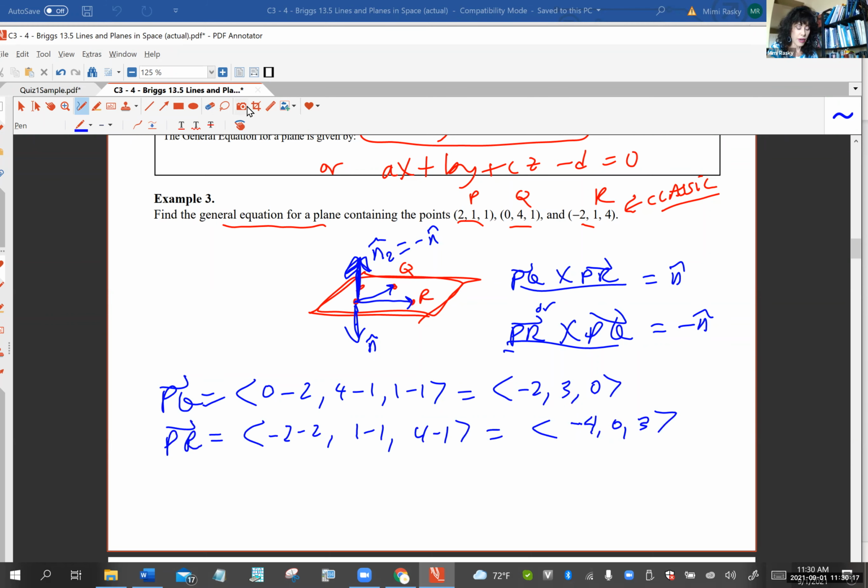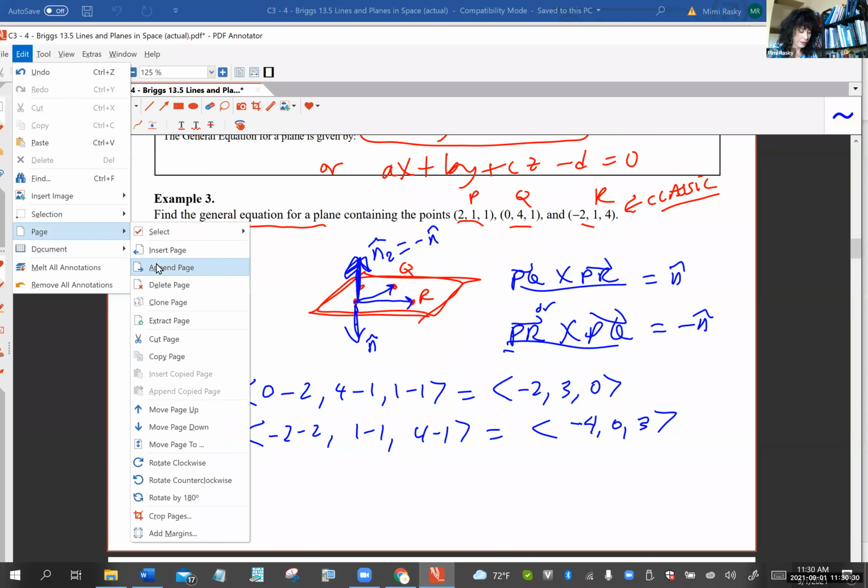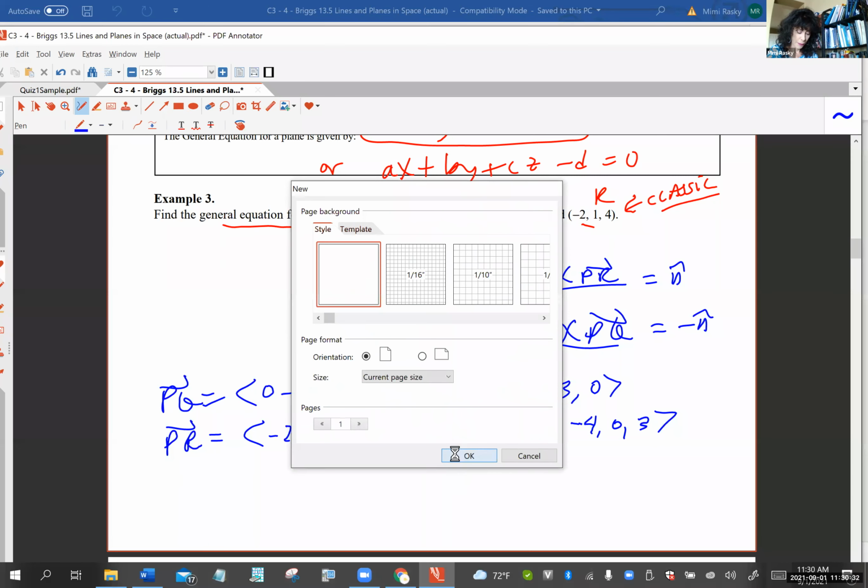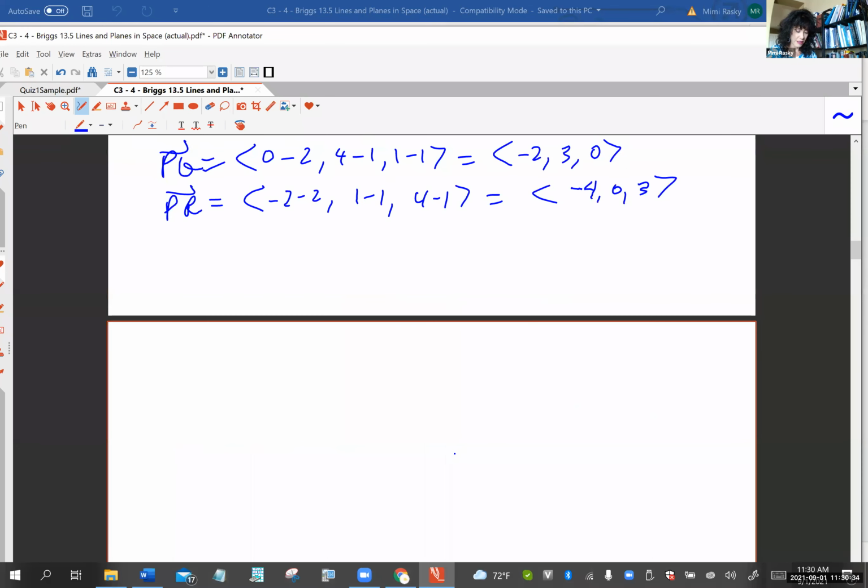Okay, nothing hard right now, right? So what you're going to do now is a cross product. Does it matter if you do PQ cross PR or PR cross PQ?